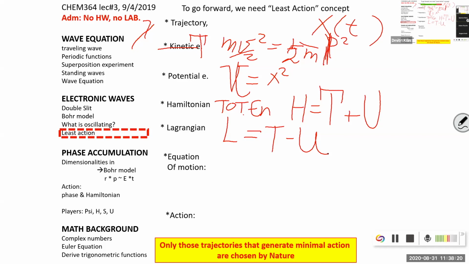And then there are equations of motion. For Newton, it was the second derivative of trajectory equals force divided by mass.